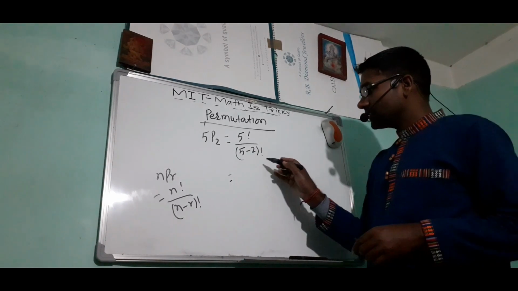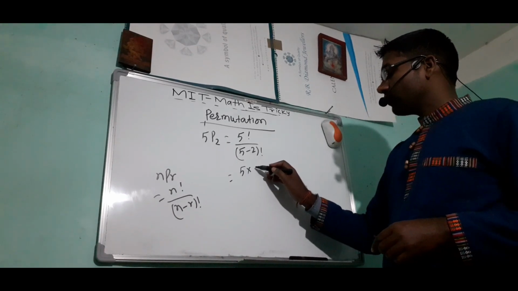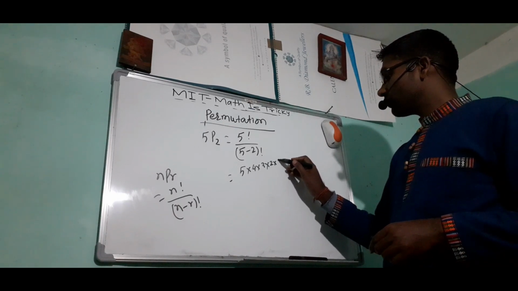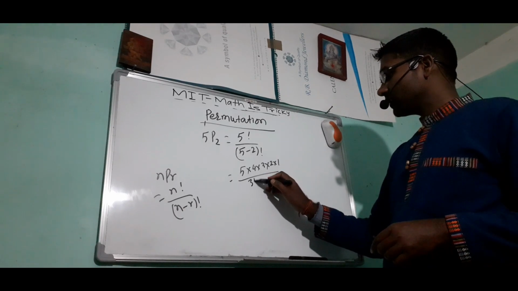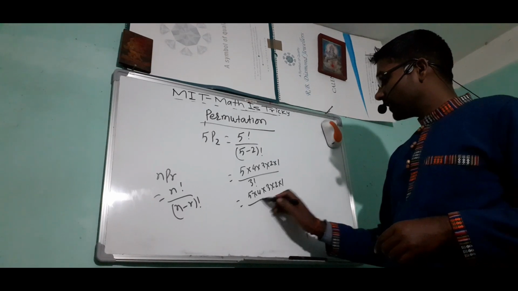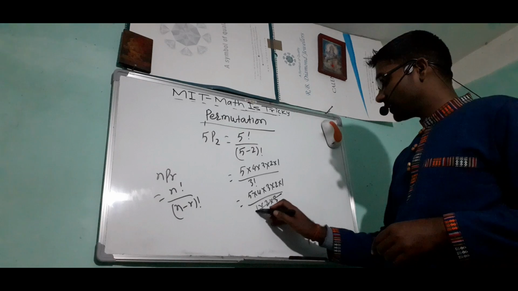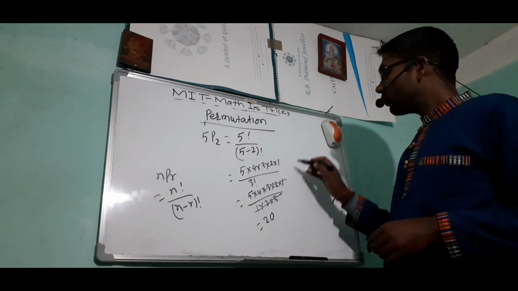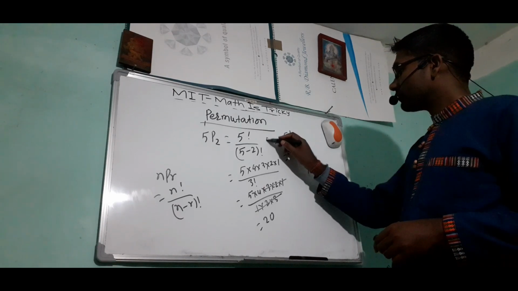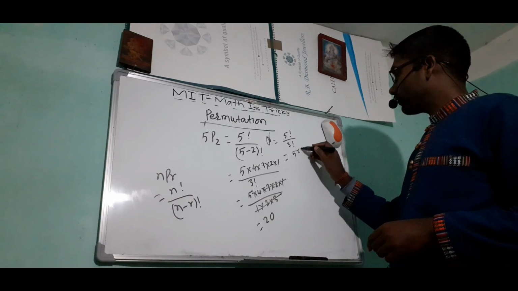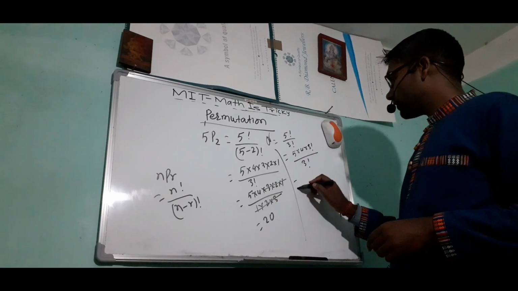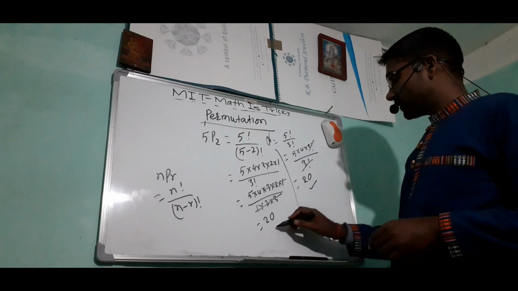If we simplify, 5 factorial can be written as 5 into 4 into 3 into 2 into 1, and this is 3 factorial, which is 3 into 2 into 1, so this cancels, and it is simply 20. Or you can simplify it another way: 5 factorial by 3 factorial is 5 into 4 into 3 factorial by 3 factorial. Again we get the same answer.